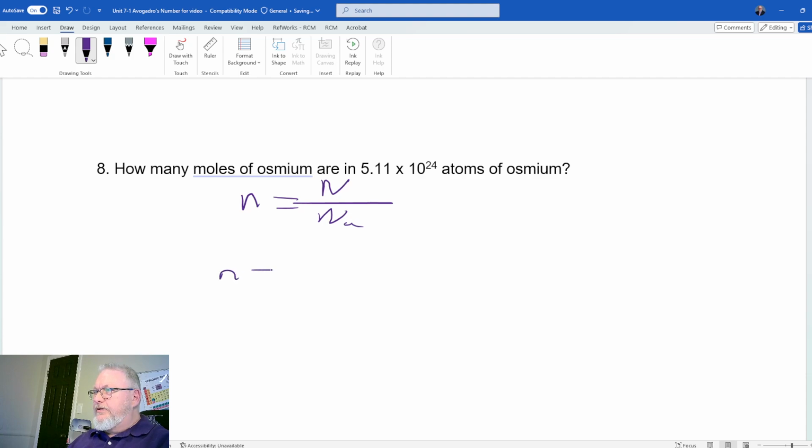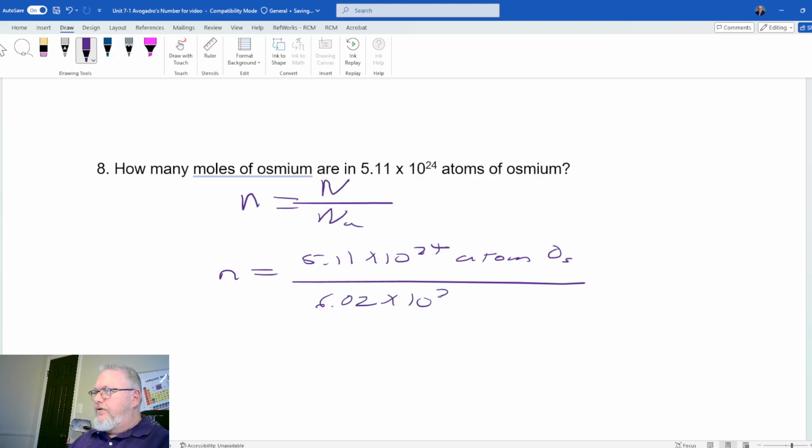So little n is equal to 5.11 times 10 to the 24th atoms of Os, divided by 6.02 times 10 to the 23rd, whatever, okay, particles.